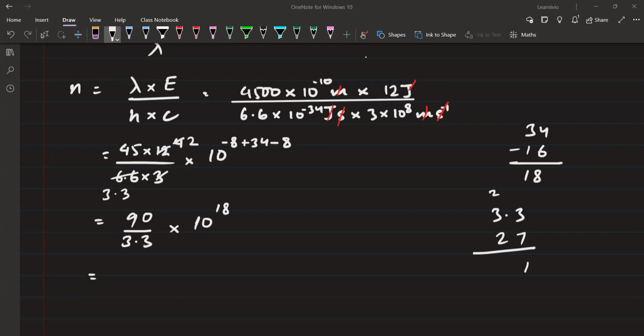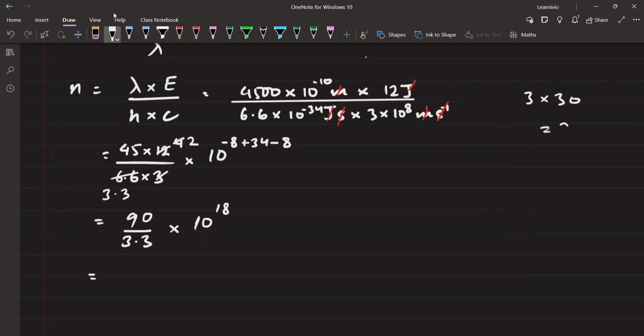So 90 divided by 3.3. हो ही नहीं सकता. 4.4 नहीं होगा. देखिए 3 into 30 कीजिएगा तो कितना आएगा? 90 आएगा ना? क्या ख्याल है, बताइए. सही है? वो थोड़ा समझिए. Zainab, भाई 4.4 हम ऐसे ही कैसे बोल देंगे? हो ही नहीं सकता है. 3 into 30 करेंगे 90 आ जाएगा. क्या ख्याल है Zainab? Sir, I got it. I did a calculation mistake.